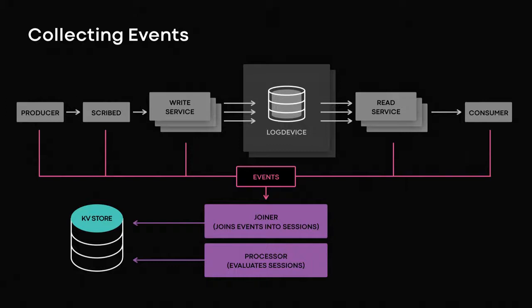They get joined into sessions and stored in a key value store, which again is a shared and available bit of infrastructure inside Facebook. At the bottom, the last component of this is the processor, and the processor looks at these sessions, scans them all, and tries to make some kind of inference and deduce things from these sessions.